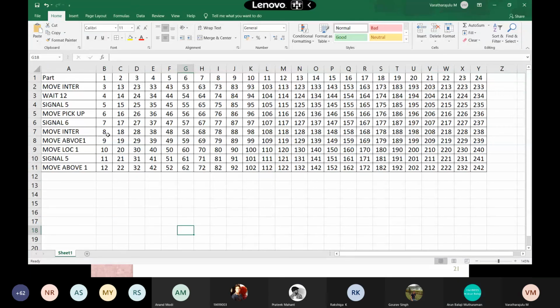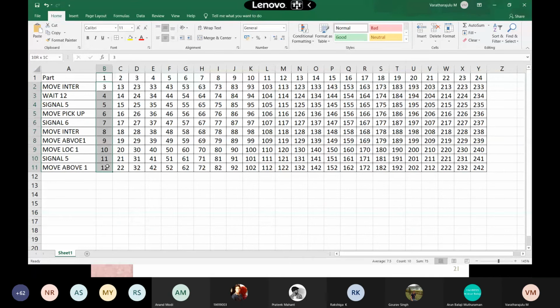See here, this is the first part, second part, third part, till the 24th part, we were using different lines, and lines 3, 4, 5, 6, till 12 are used to pick up the first component.